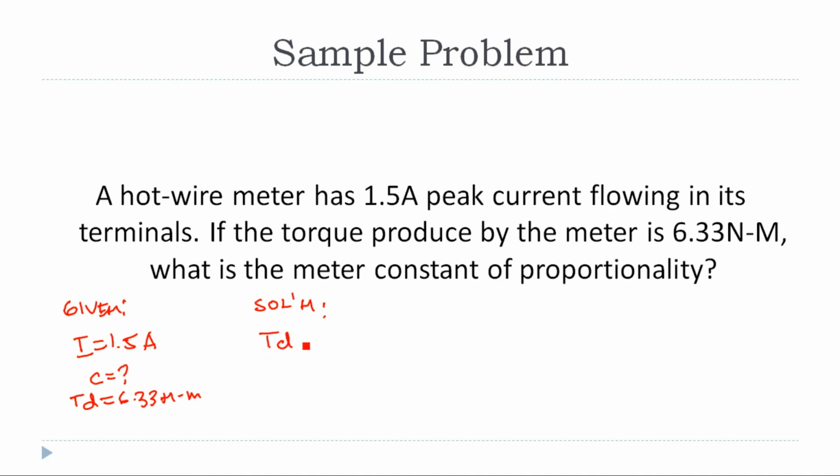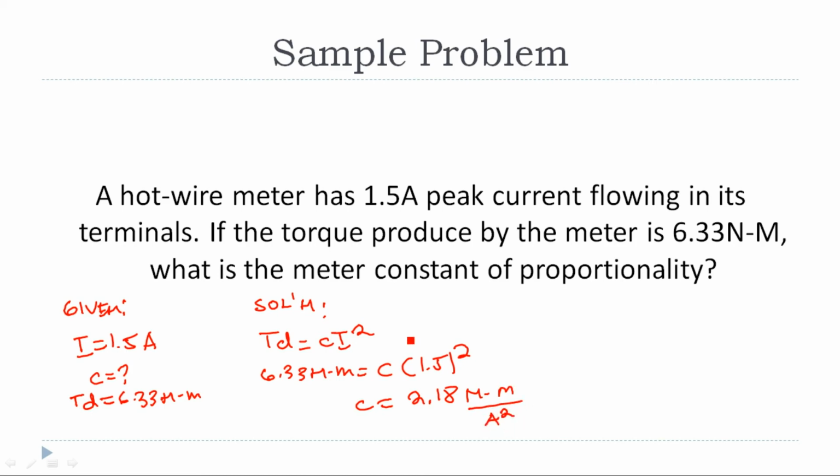So, TD equals C I squared. 6.33 Newton meter equals C times 1.5 squared. So C equals 6.33 divided by 1.5 squared, which is 2.18. What is the unit? Newton meter divided by ampere squared.